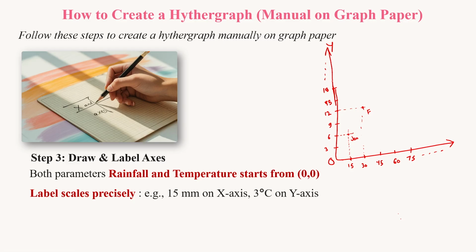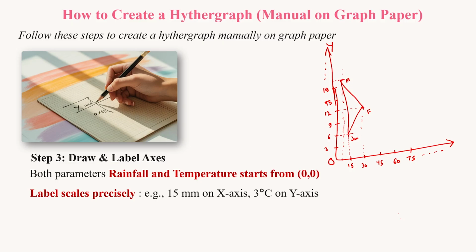Suppose we have 20 degrees here; we will draw a perpendicular from both axes. Here these points will meet. So, we will put the month March here, and after doing this, we will join every point with a straight line like this.